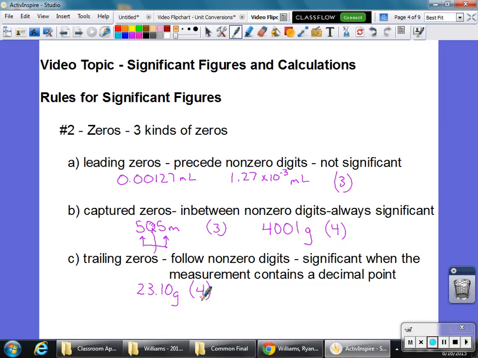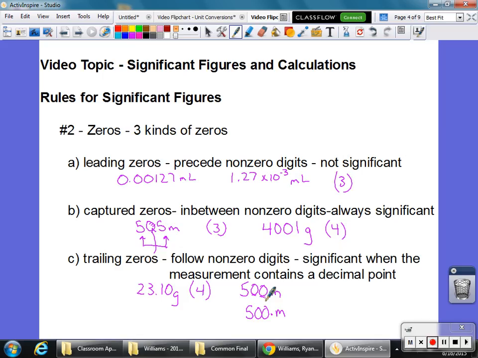The question becomes what happens when there are zeros on the left-hand side of your decimal point. For example, is there a difference between 500 meters and 500. with a decimal point meters? And the answer is there actually is. In the first example, there is no decimal point. Those zeros act as placeholders, and they give an approximate distance.